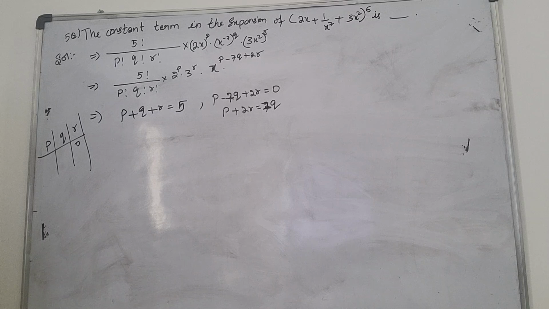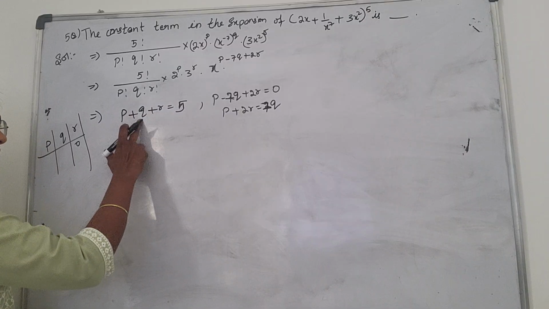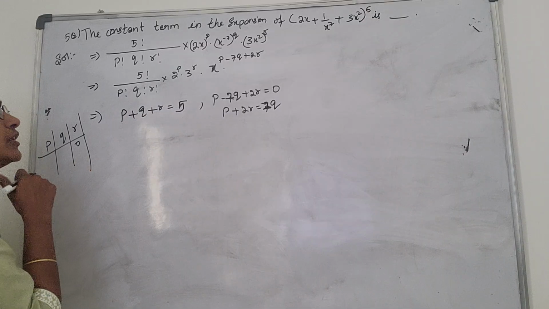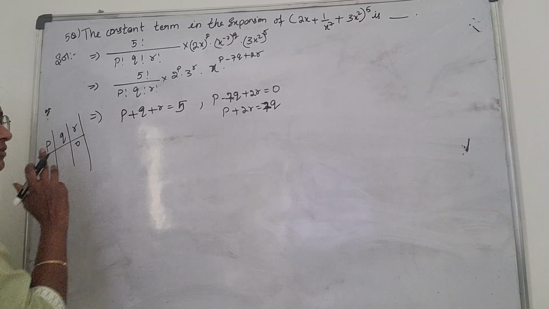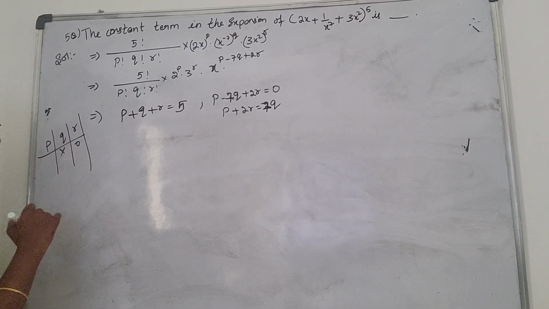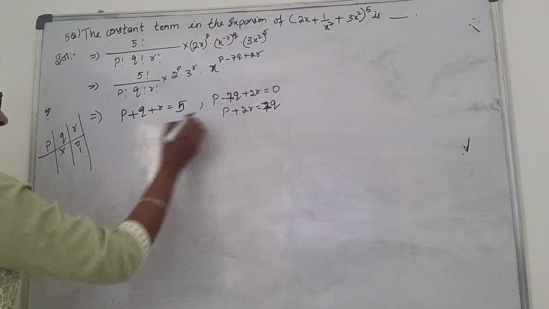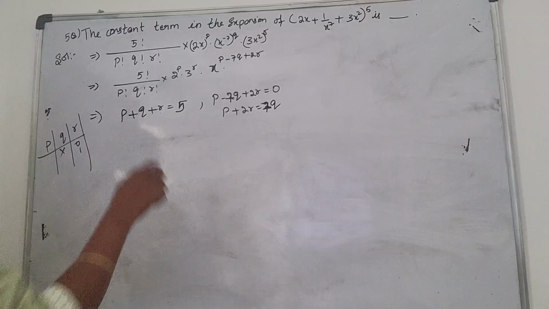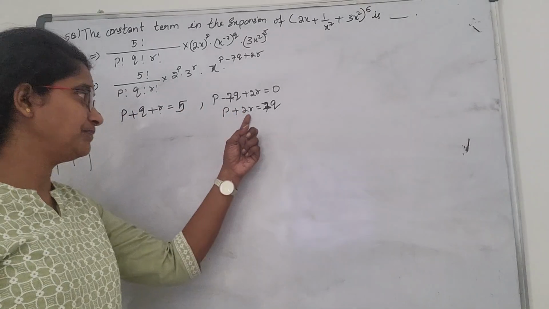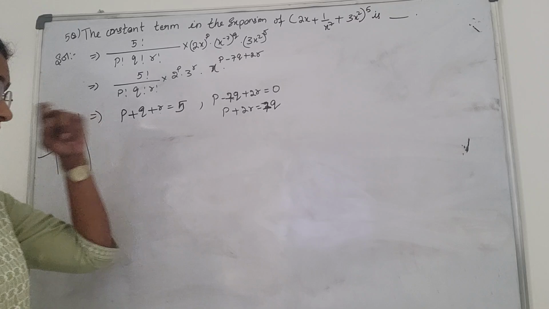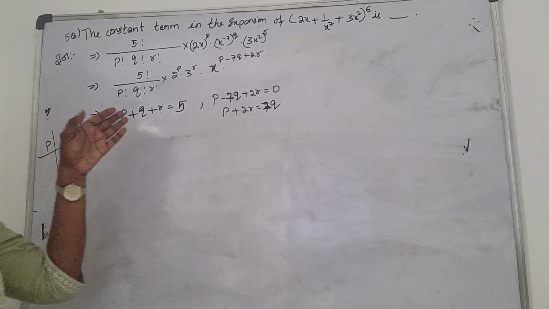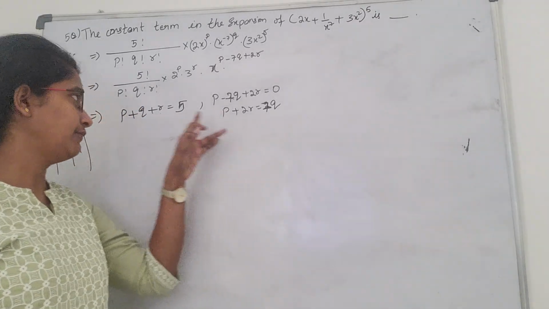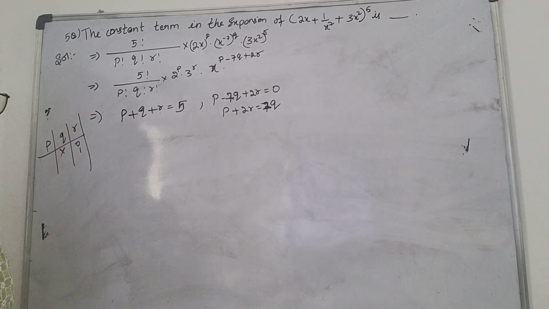If I keep p as 7, it will be more, so it does not match and is not possible. If I keep r as 1, then 2 will be divisible by 7, and 5 is not possible.